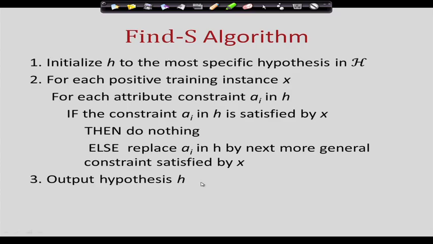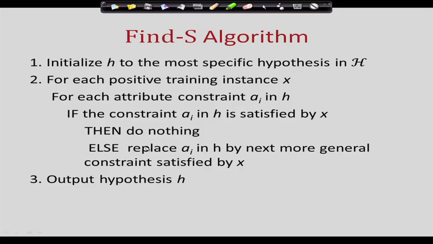Now, what the FindS algorithm does is that it initializes h, our current hypothesis, to the most specific hypothesis in the hypothesis space, in this case phi, phi, phi, phi, phi, phi. Then it takes a positive training instance, and for each attribute constraint a_i in the hypothesis, if the constraint a_i in h is satisfied by x, we do nothing.